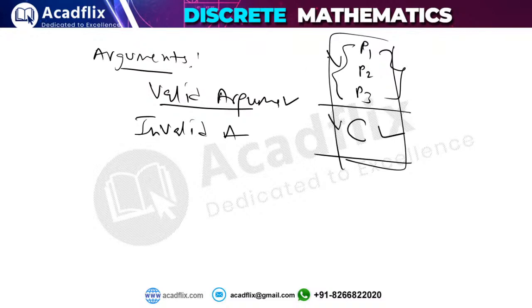What do I mean by an invalid argument? If these things are true, then this C may or may not be true. Don't worry, we will take an example and understand it.